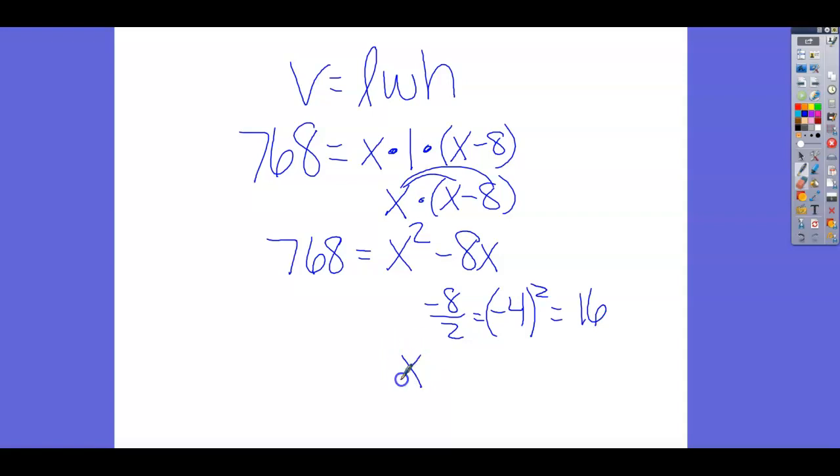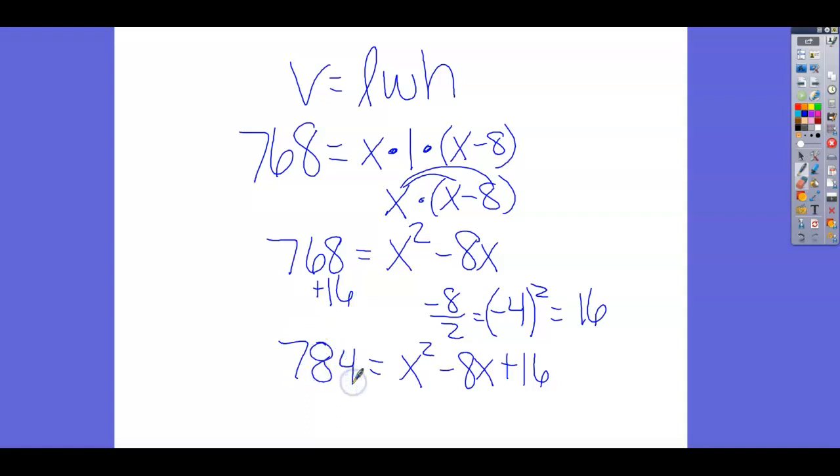So then I would have x squared minus 8x plus 16 equals, what do I have to make sure I did to this side? Add 16. So what would I get? 784.